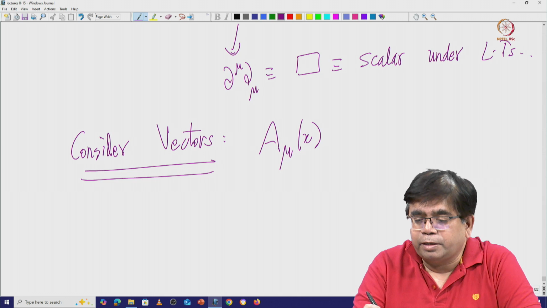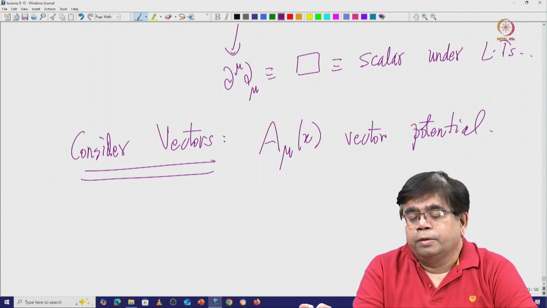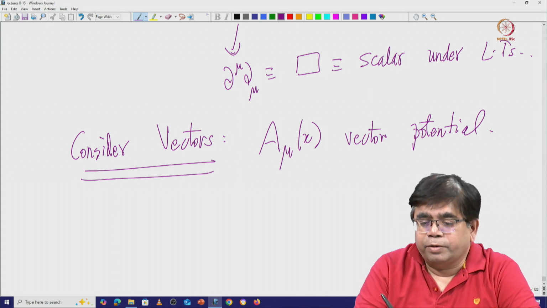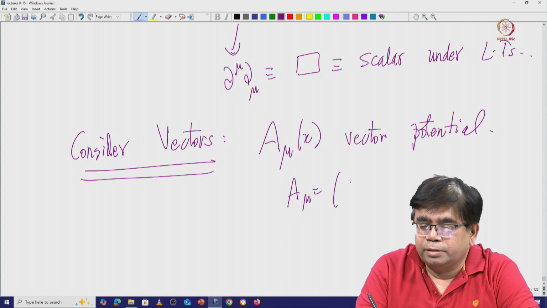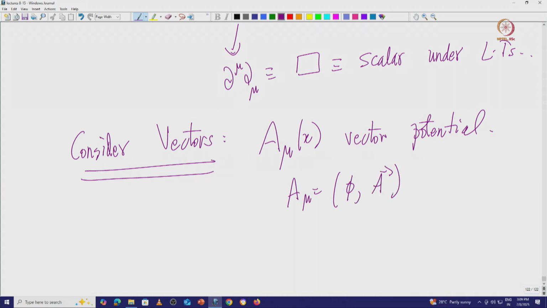So we introduced the vector potential, as a combination of the scalar potential and the vector potential A. So it's a 4-vector potential. This is what we used when coupling the Klein-Gordon field with the electromagnetic field.